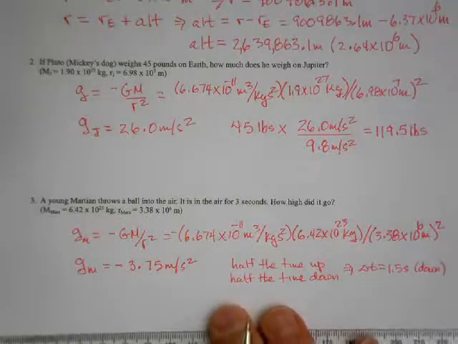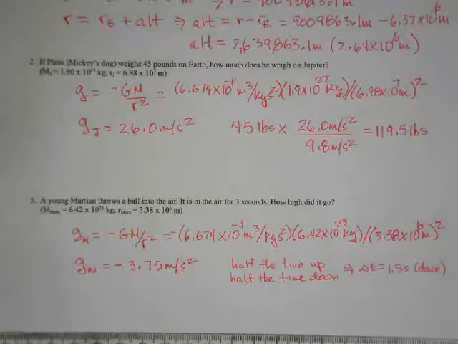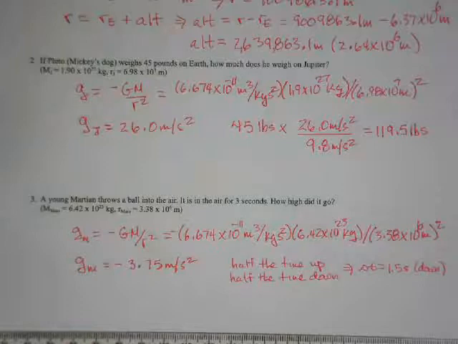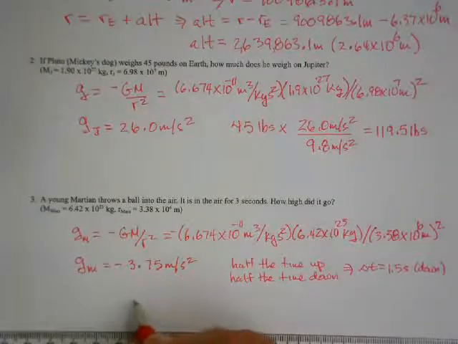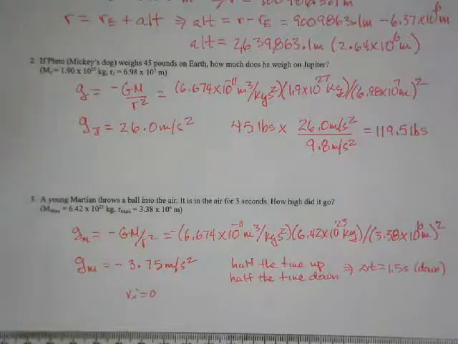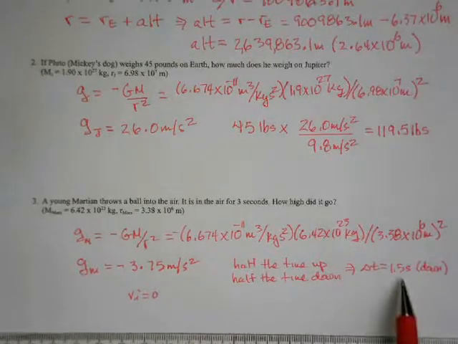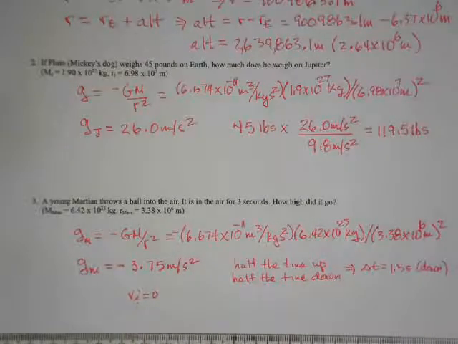If I'm just talking about the falling down, my VI would be 0 because, of course, it's got to come to a stop before it falls. So I have my delta t. I have my VI. I have my gravity.